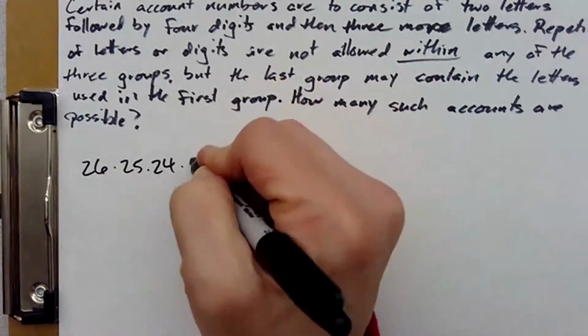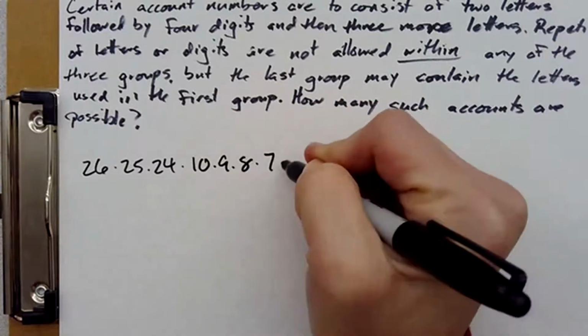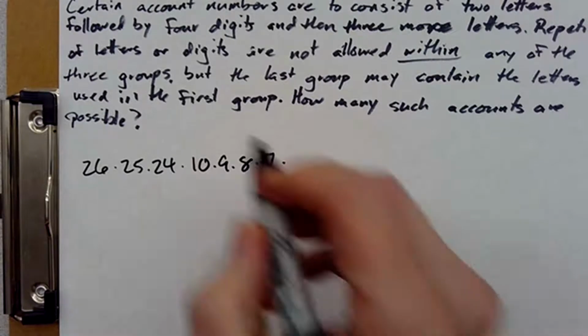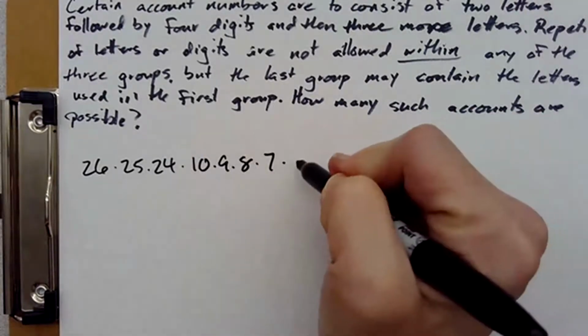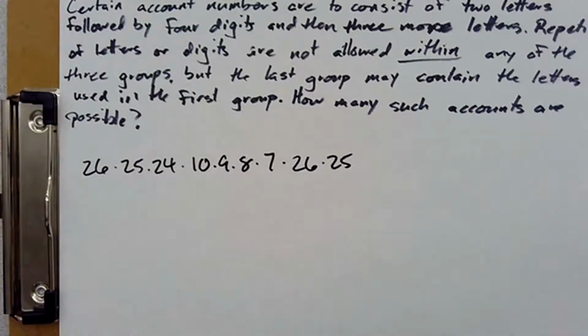Then 4 digits, that's 10 times 9 times 8 times 7 times 3 more letters would be, this is supposed to be 2 letters up here, so we'll just do the 2 letters here. 26 times 25. Still going to be a pretty big number.